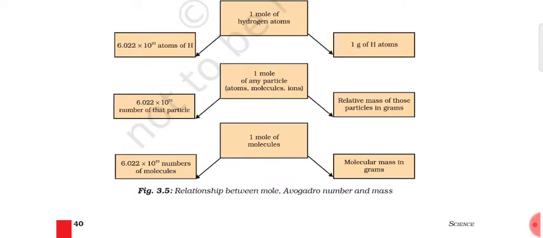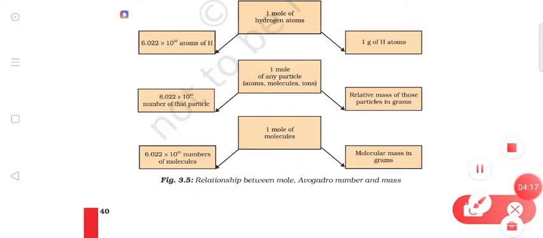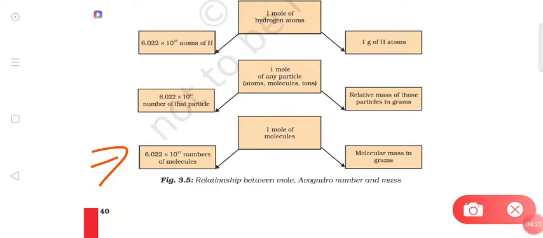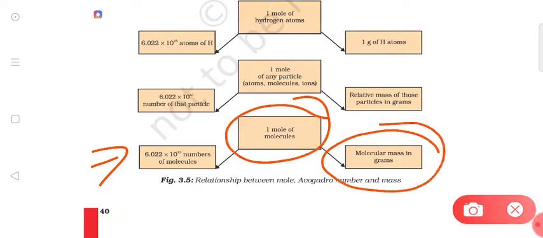So dear students, lastly what is written here, 6.022 into 10 to the power 23 number of molecules means 1 mole of molecules, that means molecular mass in grams, if it's mass we talk about, right.